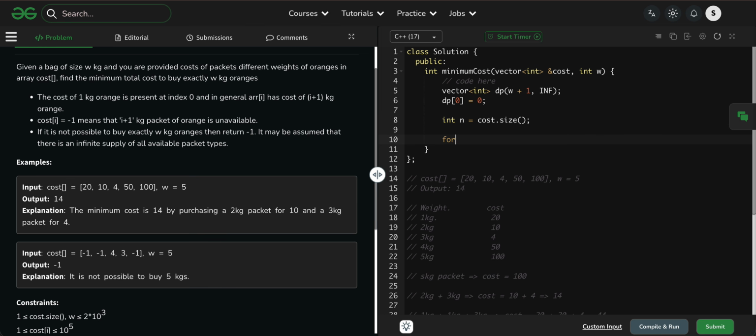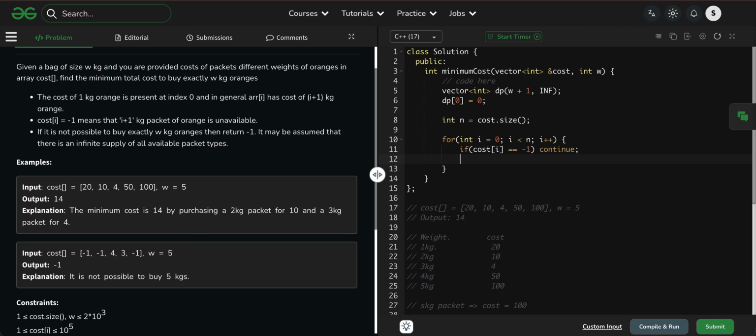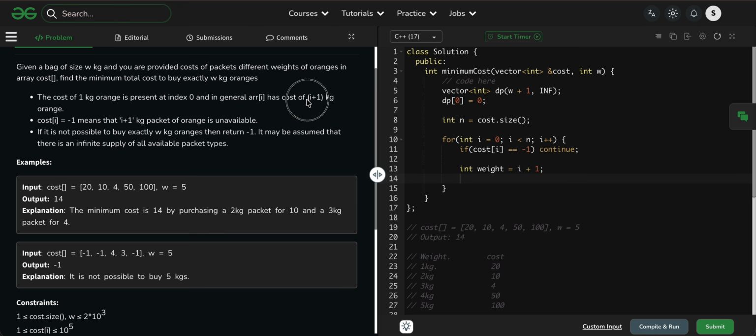And now for loop, int i is equal to 0, i less than n, i plus plus, right. Now if cost[i] is equal to minus 1, continue, right. Now here is int weight is equal to i plus 1, since the question says to start from weight i. Now what is the price? int price is equal to cost[i], right.